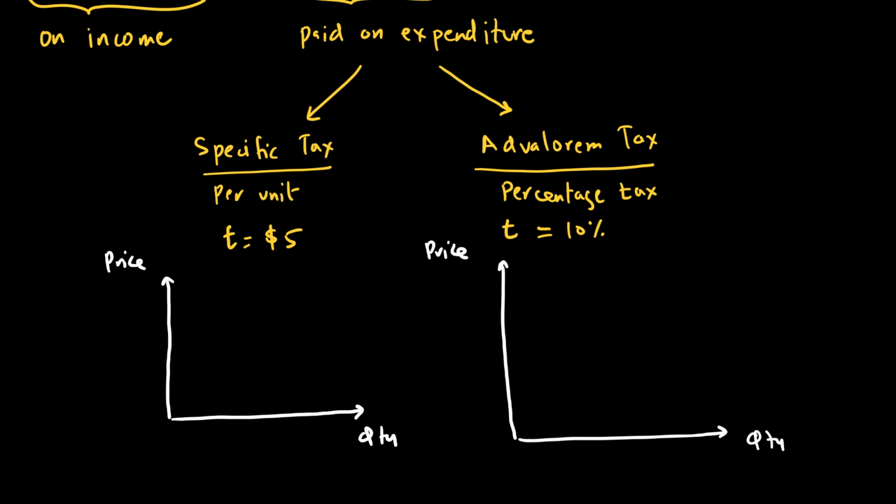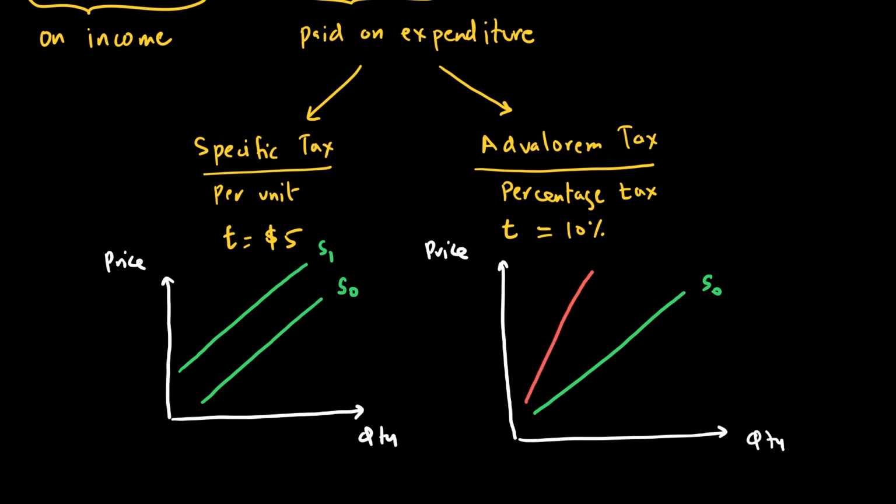The implication is that if this is my supply curve, and I put a tax, my supply curve will shift backward in a parallel manner. While in this case, if the supply curve is S0, my supply curve will shift backward in a non-parallel manner.